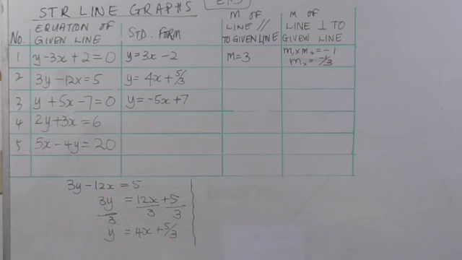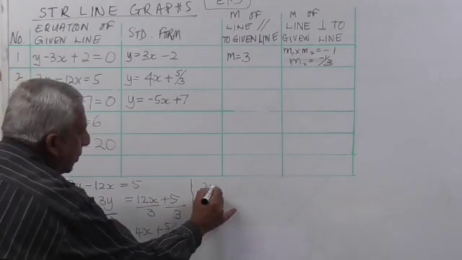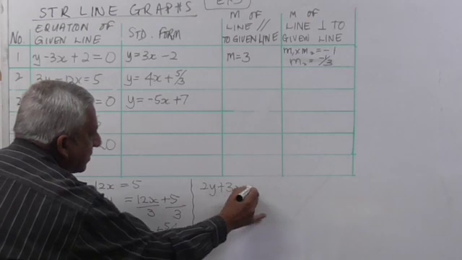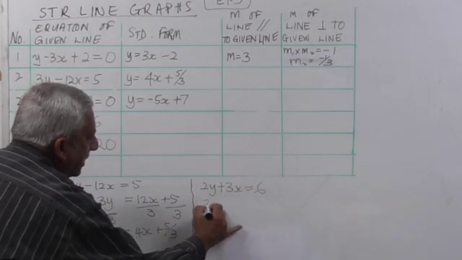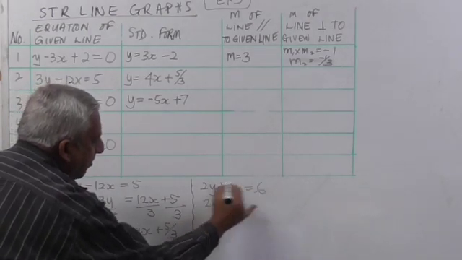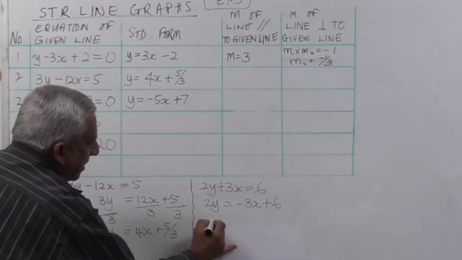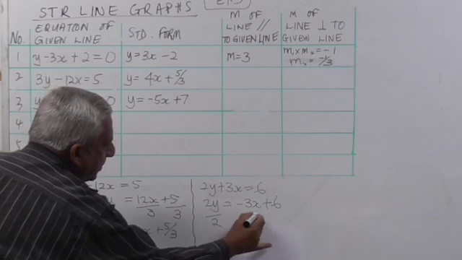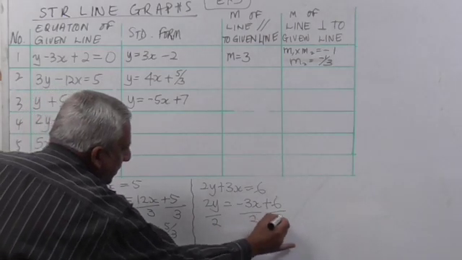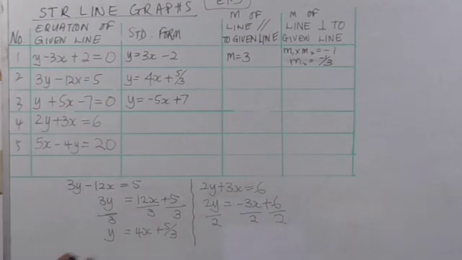2y plus 3x is equal to 6. 2y is equal to minus 3x plus 6. And then I'm going to divide by 2, divide by 2, divide by 2.